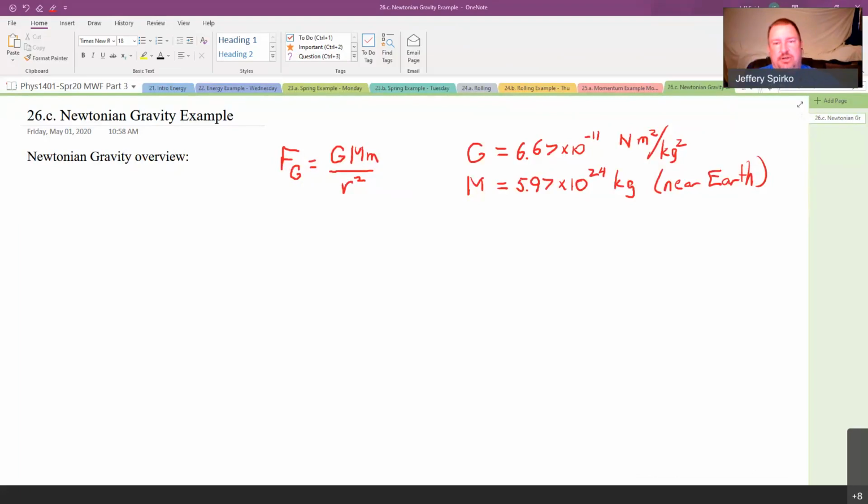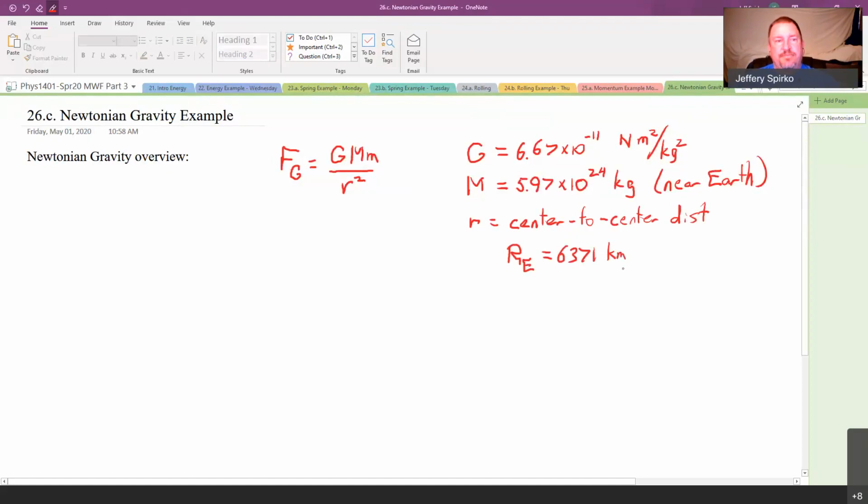We have to measure r as a center to center distance. And note that the radius of our Earth is 6371 kilometers.